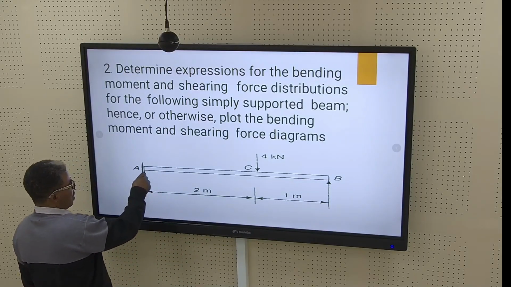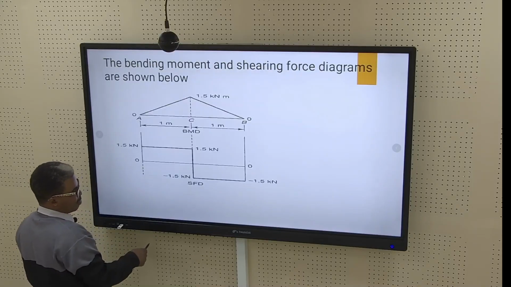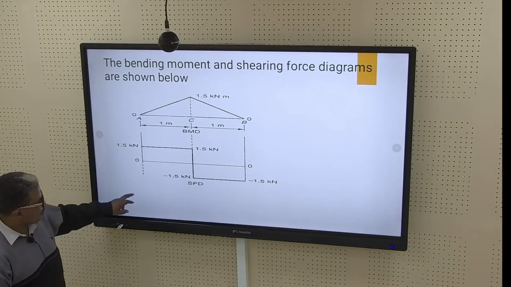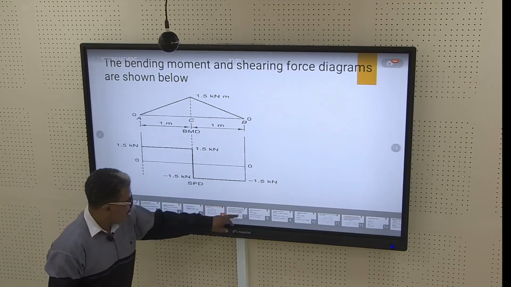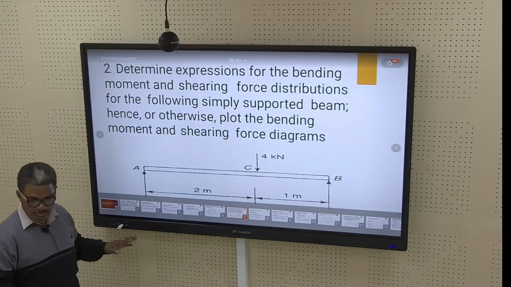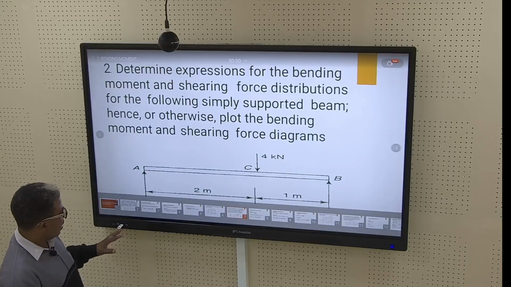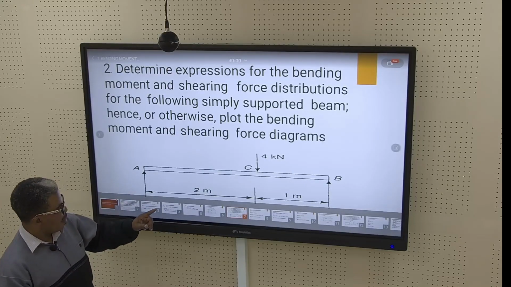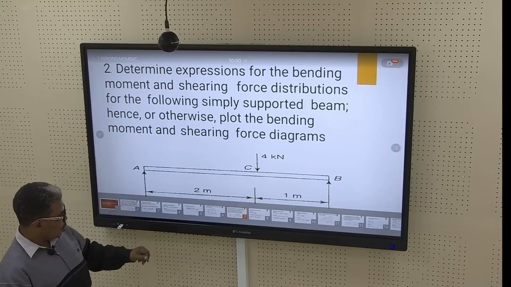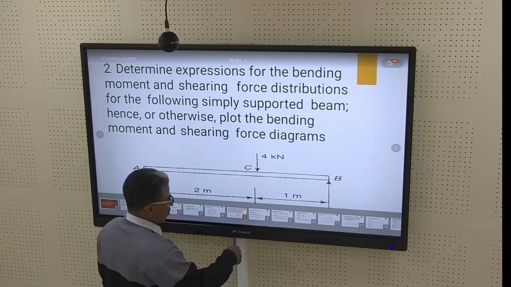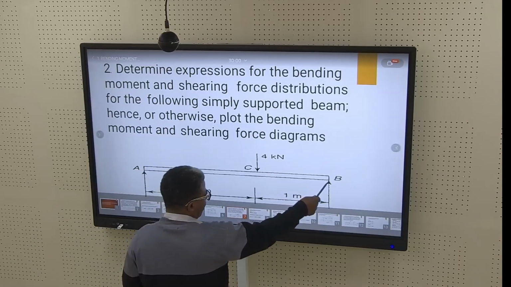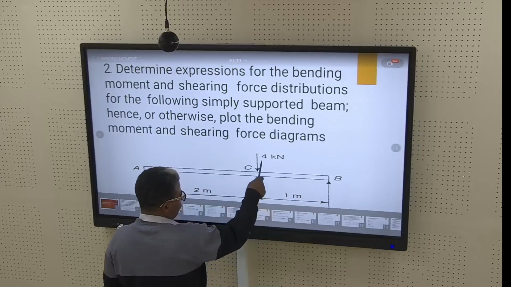So because this one goes this direction, we have to equate the two expressions, that is 3 times R1 or RA should be equal to the anticlockwise, because this one is going anticlockwise if we are standing here at B. So it is 4 times 1.